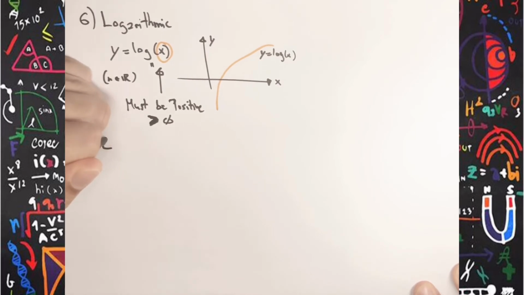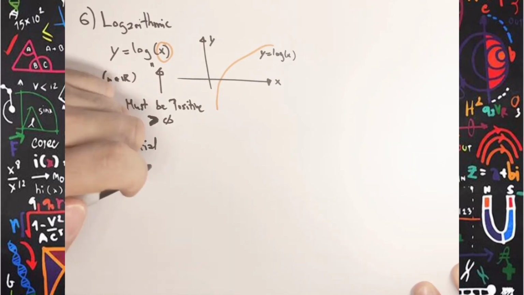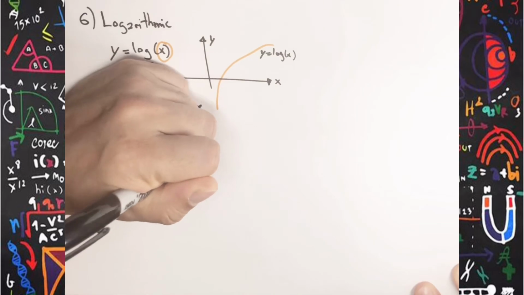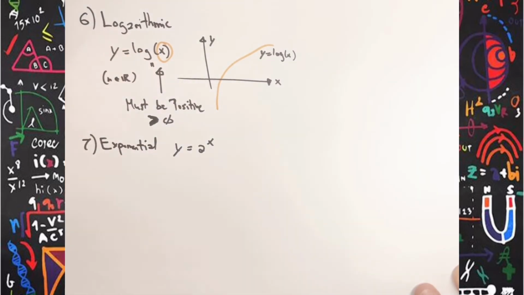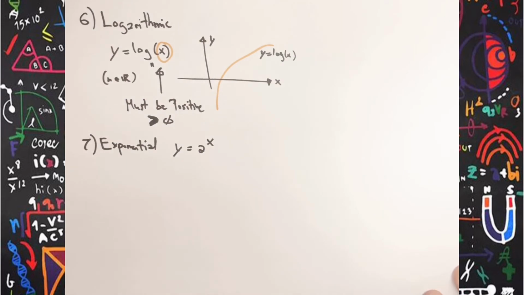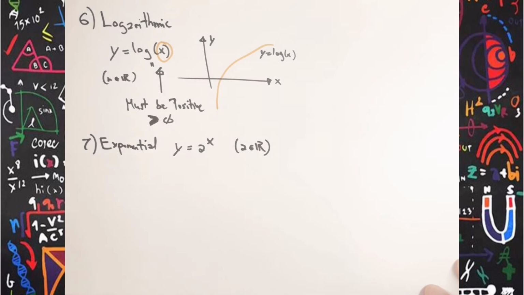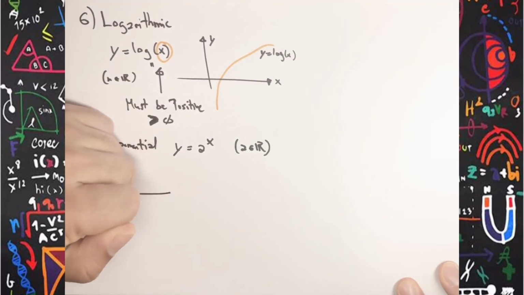Number 7, exponential functions. They look like this: y equals a, being a constant, to the power x. So we can have 2 to the power x, 3 to the power x, number e to the power x. That's a very famous one. a is a real number, so whichever you want. The variable is the exponent.